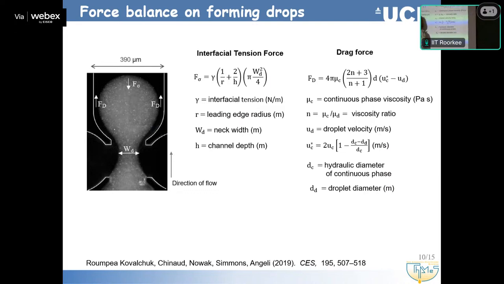Surfactants will try to get to the interface. If they're here, they will have to diffuse this distance. If there are any circulation patterns, that will help the mass transfer. When they reach here, then we have absorption. And at the same time, the more interface forms, the more the drop is growing.